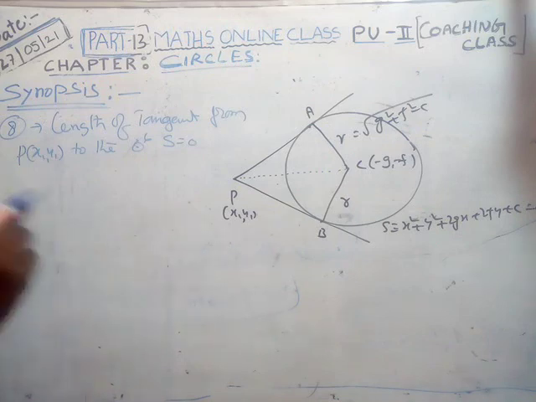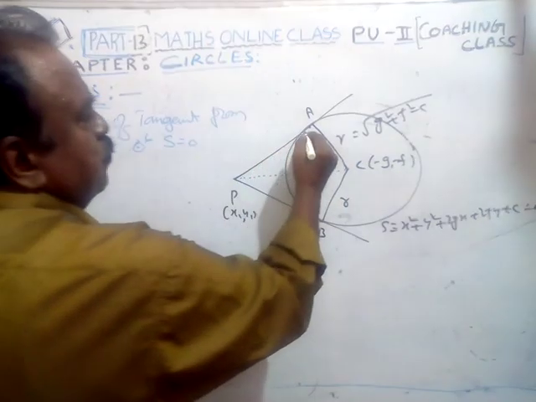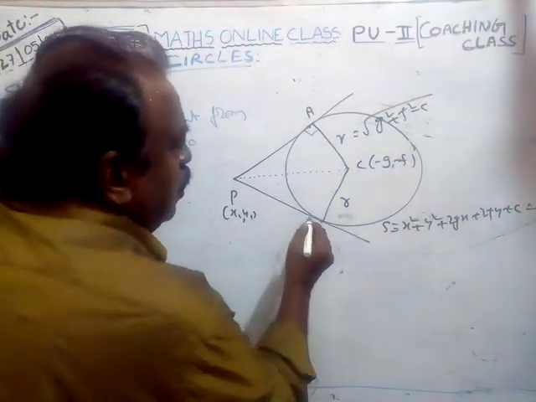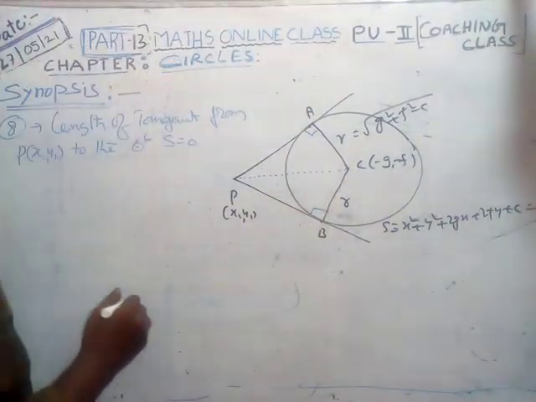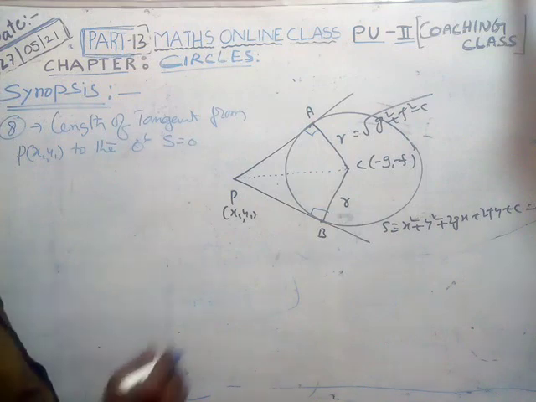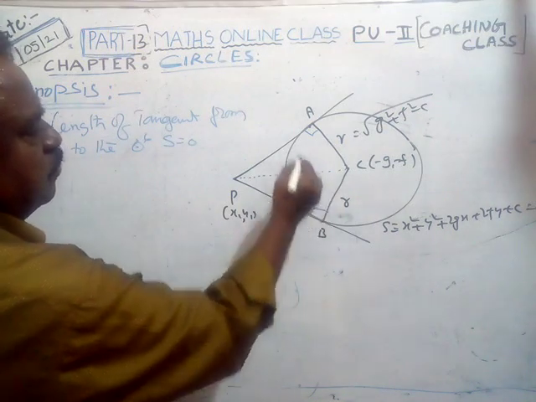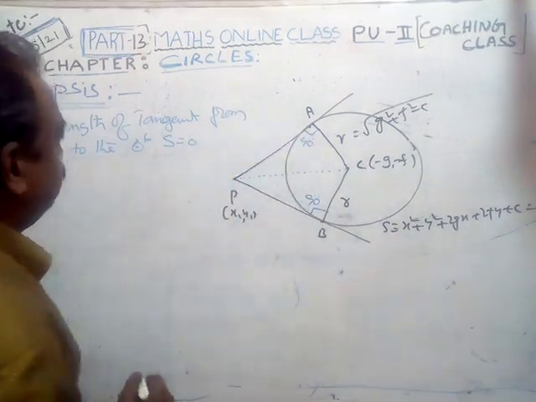We join P and C. P is the point from where the tangents are drawn, C is the center. We know the tangent is always perpendicular to the radius. That concept is there. Okay, na?